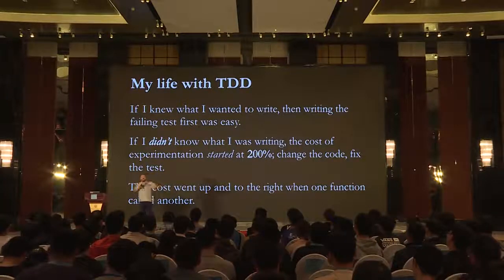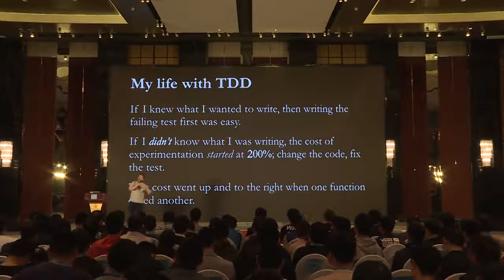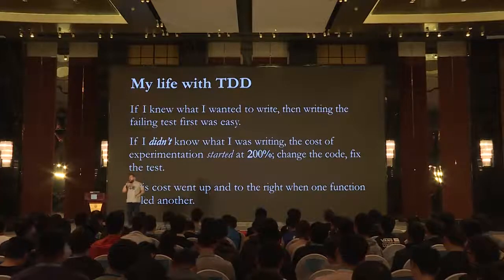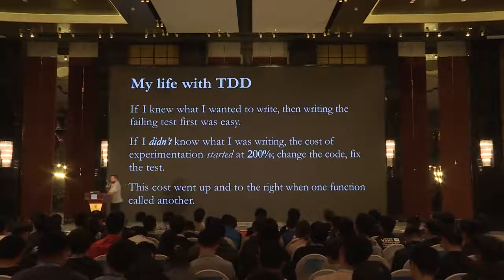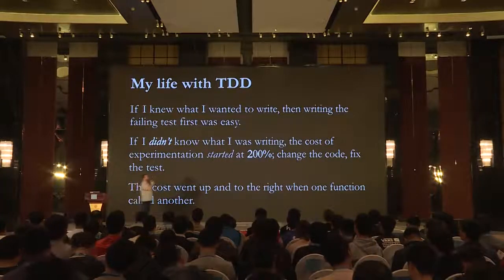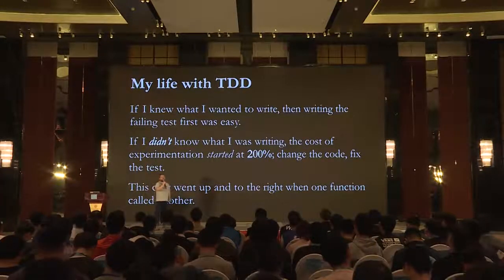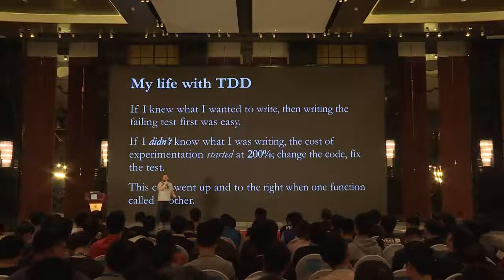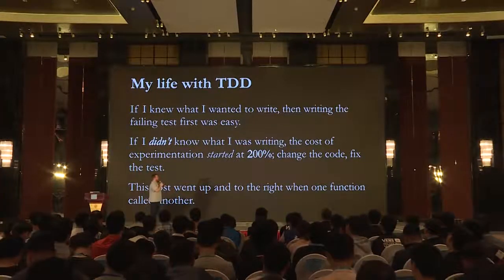And then I have to change the tests again to point in the new direction, and then change the code again to go in the new direction. And so that meant that working in this style, exploring with TDD, was at least twice as expensive as not writing tests. And it got worse.